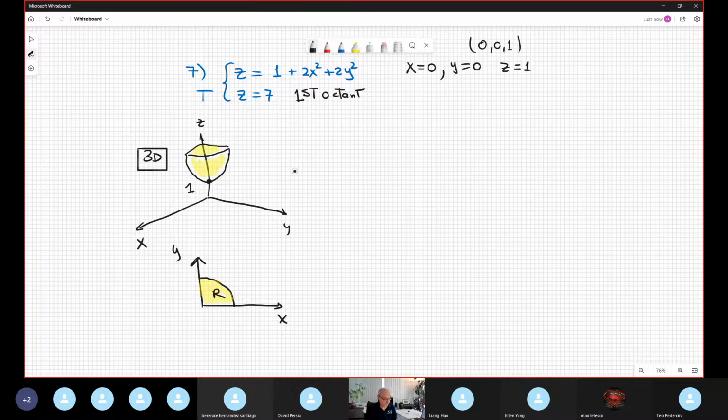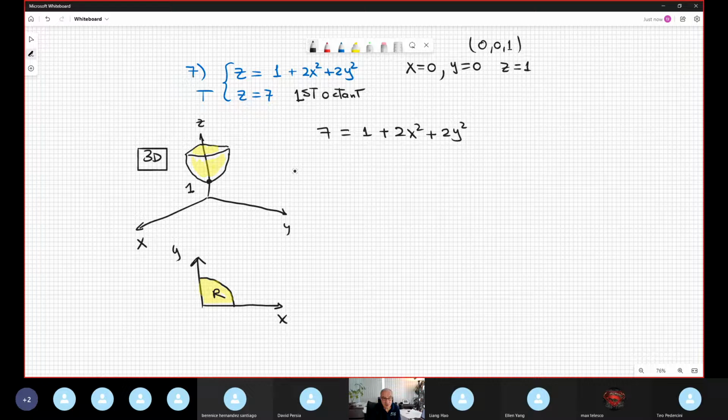Okay, so far it's clear. Remember, as always happens, to determine the radius, we need to intersect the plane and the paraboloid. So now you consider that z is the same value, it's 7, equal to 1 plus 2x squared plus 2y squared. This is the intersection between paraboloid and plane.